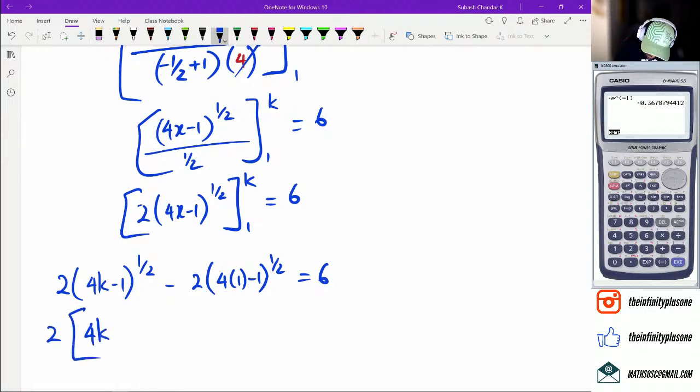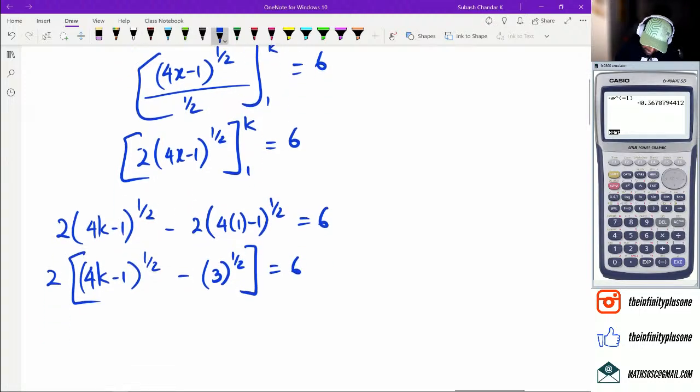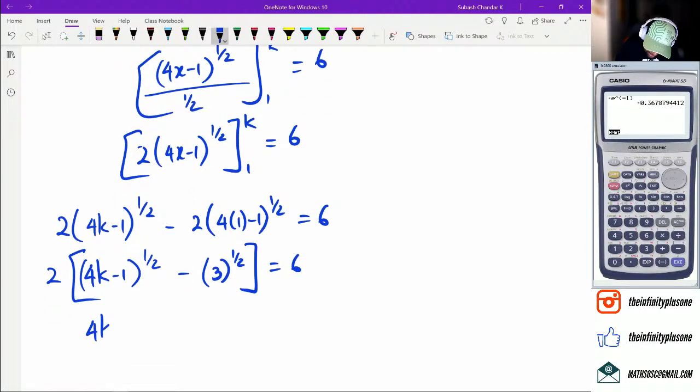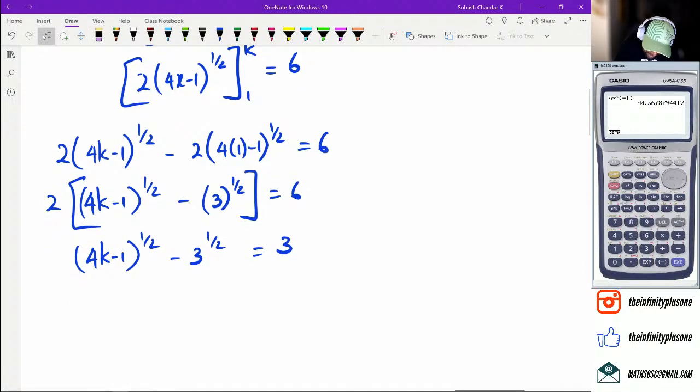So we can write this as 4k minus 1 to the power of half minus 3 to the power of half equals 3. Rearrange, so we get 4k minus 1 to the power of half equals 3 plus 3 to the power of half.